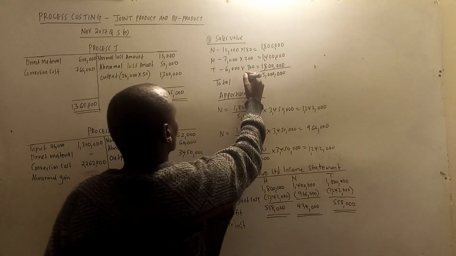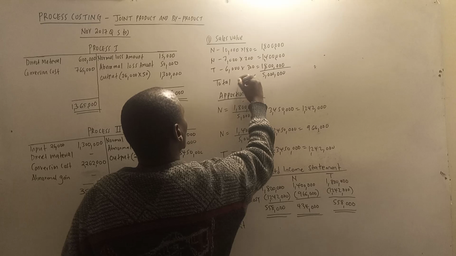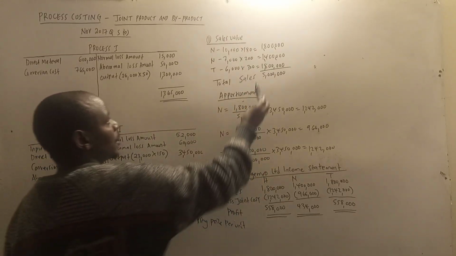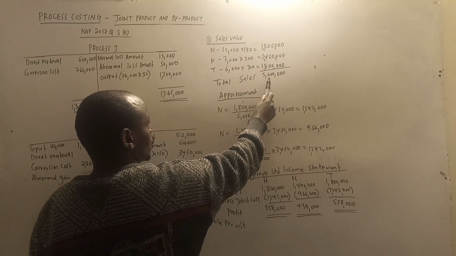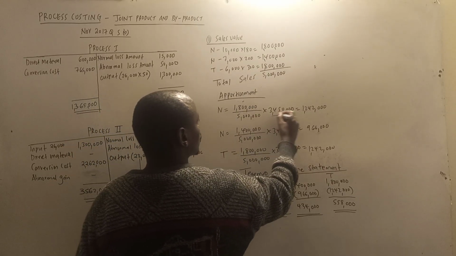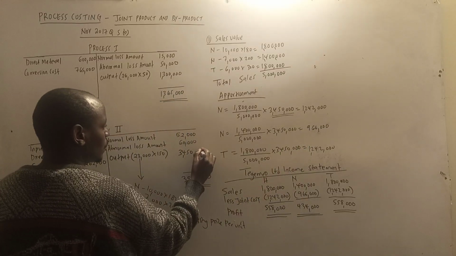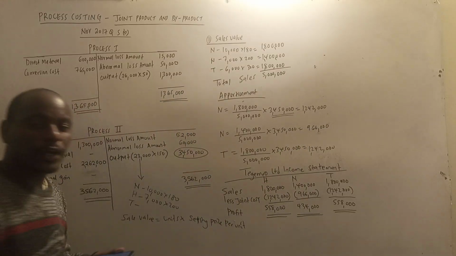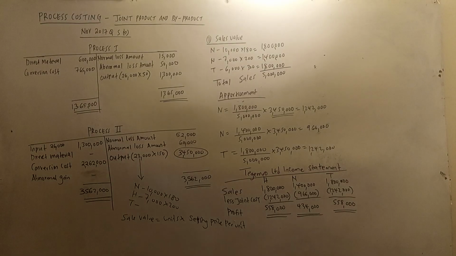Now let us apportion using the sales value. You take sales of N divided by the total sales. This one is our joint cost. The final cost in this case for process 2, the output, makes the joint cost, and that is what we need to split off at the end.